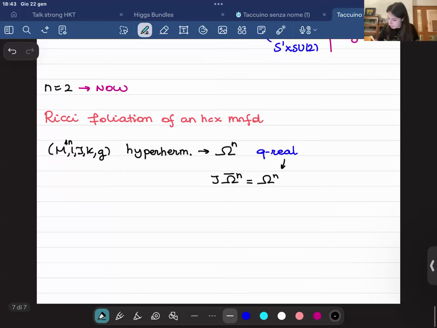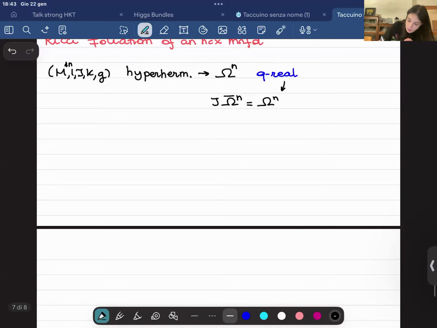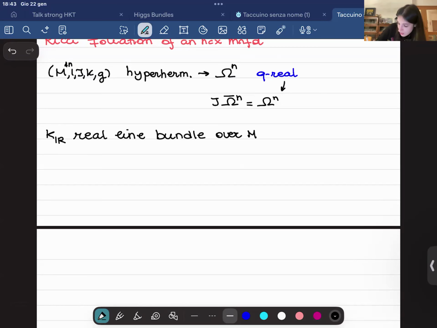But apart from this, what we did is to define K_R to be the real line bundle over M, of course, generated by omega^n.